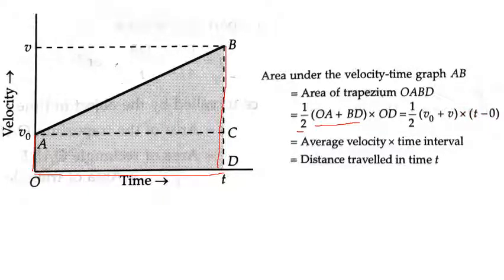Now we know half of the sum of the velocities is your average velocity, and this one is your time interval.